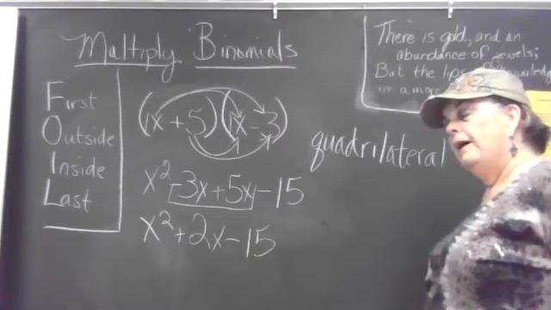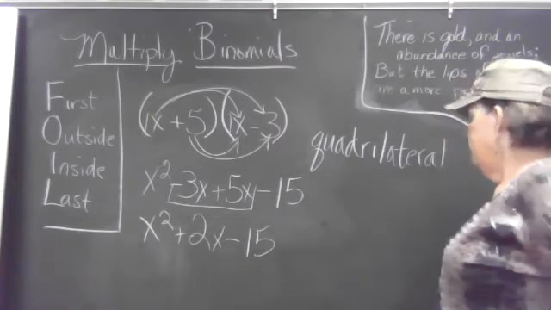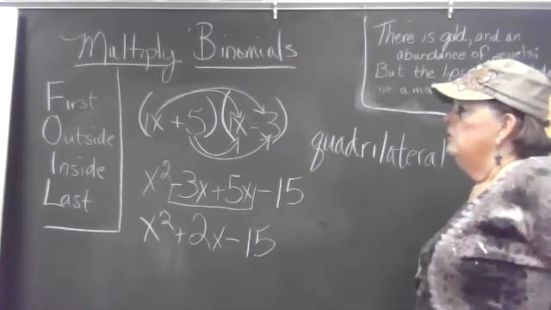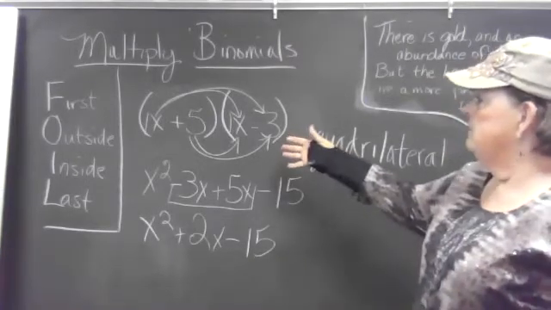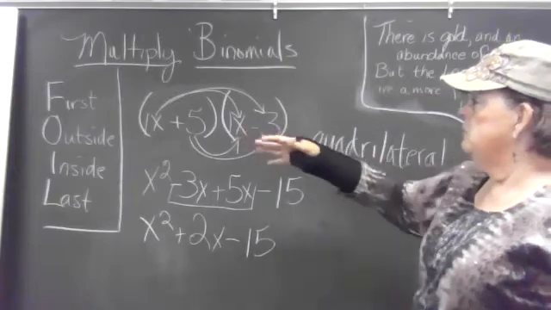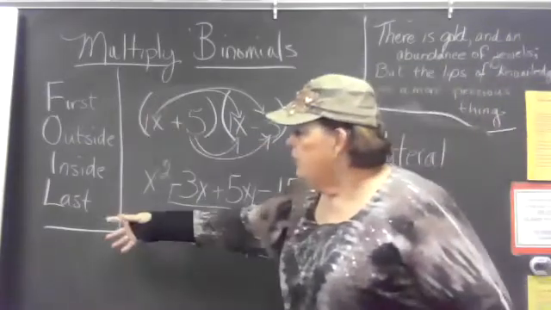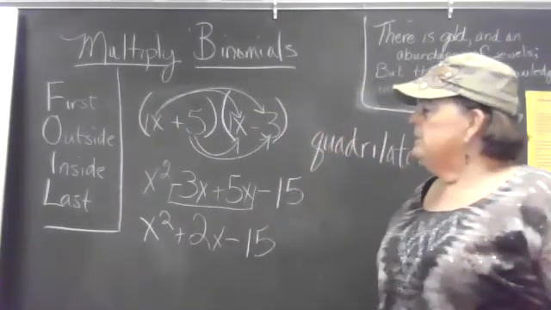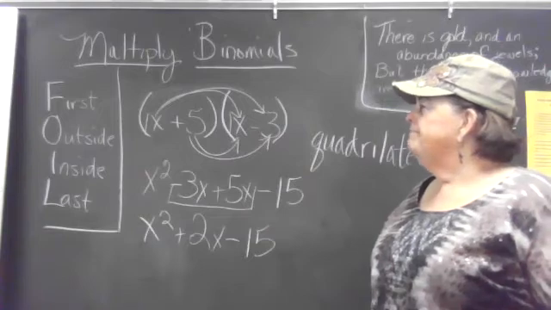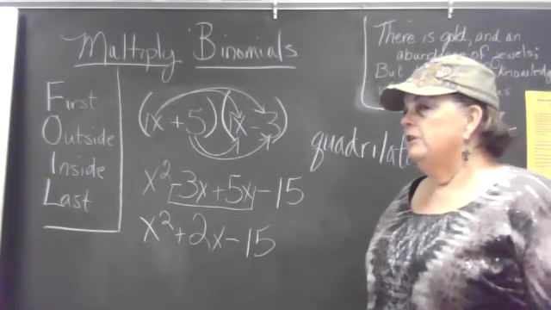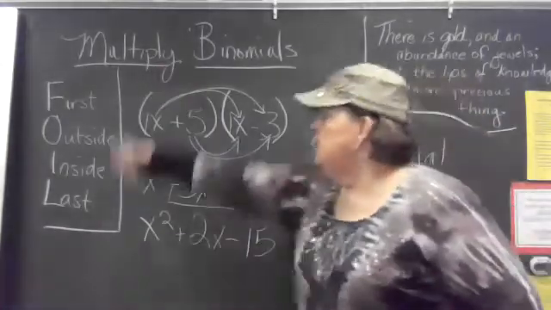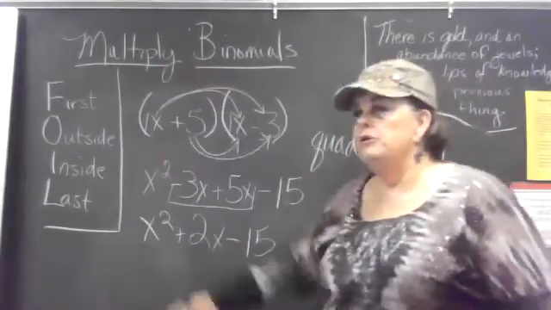Now, I want to tell you that the way I think about multiplying the two binomials is the same as FOIL, but I think of it differently. It happens exactly the same, but I don't use these words.